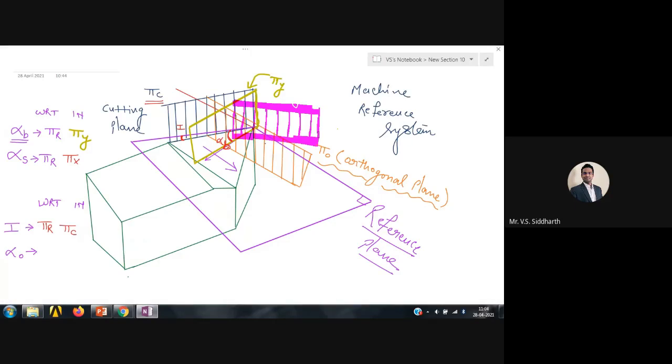that what will be the side rake angle? The side rake angle is the angle made in the pi x plane between the reference plane and the rake face. Okay. So I will draw it clearly.